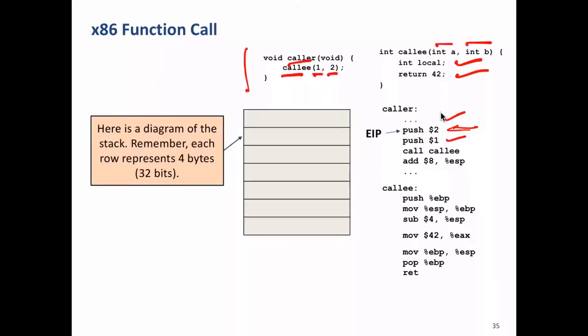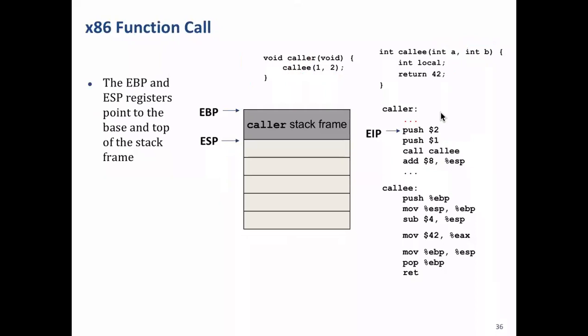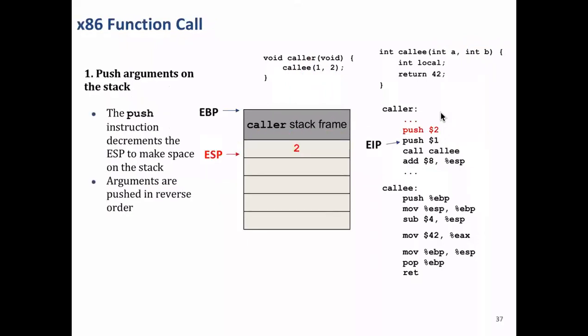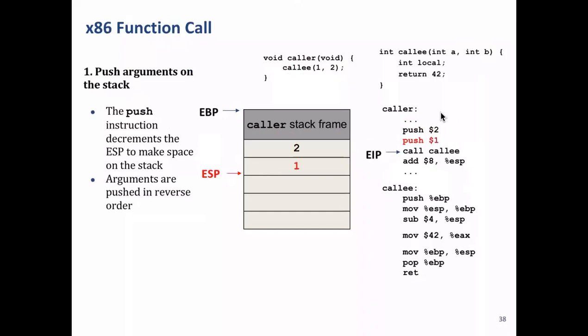This is the caller stack frame, and after this point we push these two. Right now EIP is here, so the next thing is push 2, and then push 1, in reverse order. Now it comes to call callee.